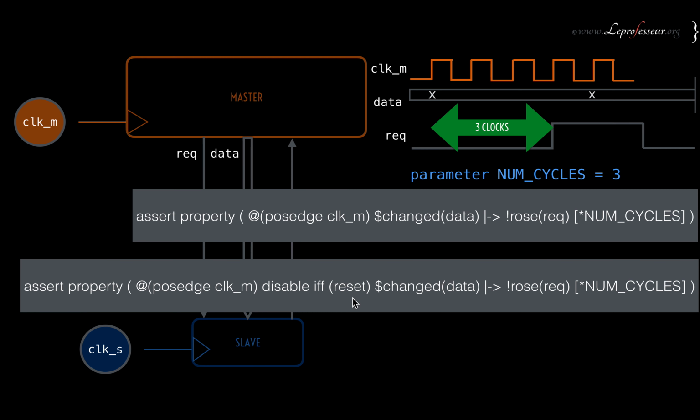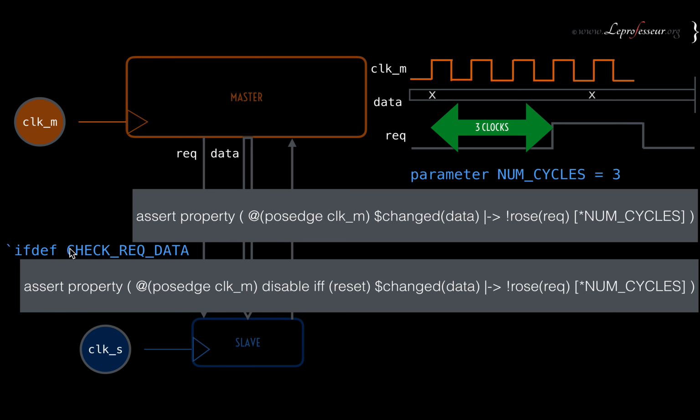To get that going, we can define these assertion properties under guard bands or ifdefs. So here, let's say ifdef check request data. This is the type of assertion property I want to check.